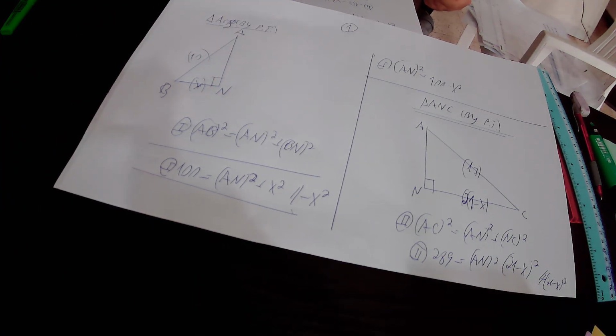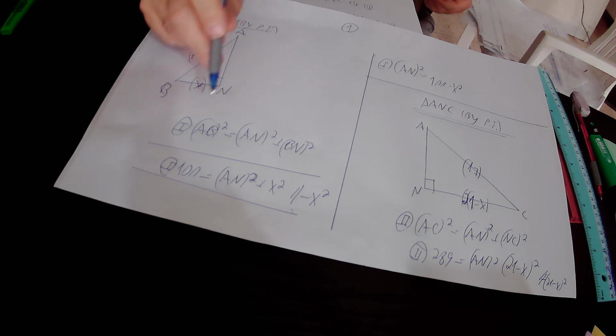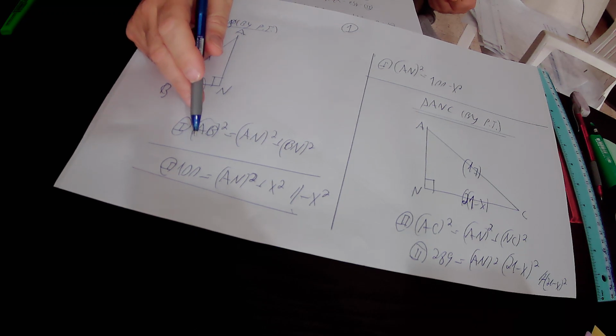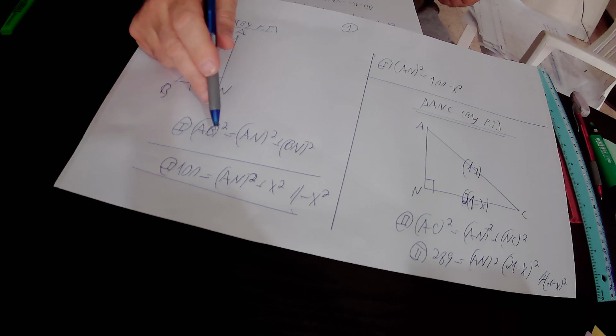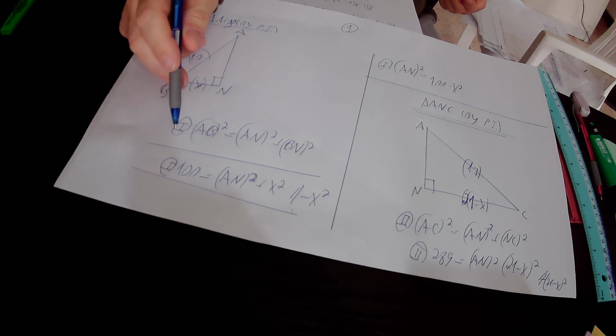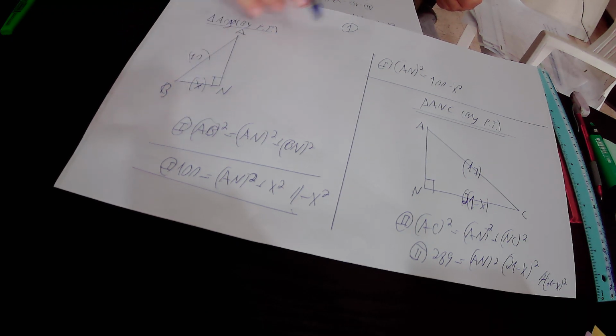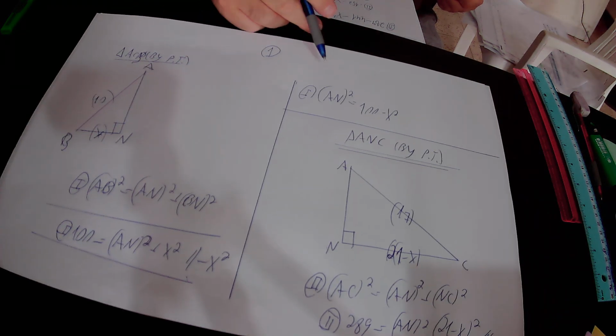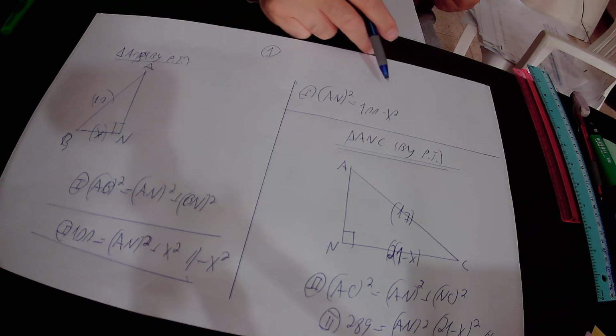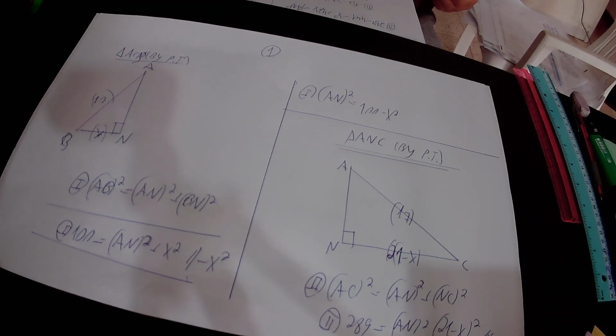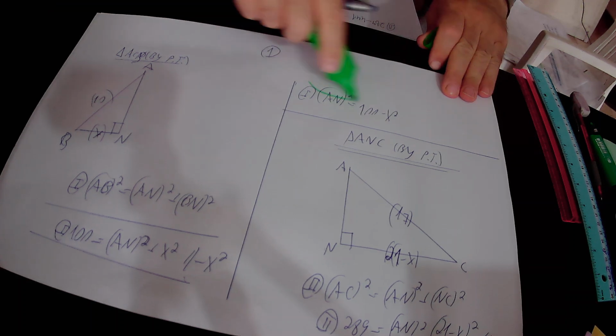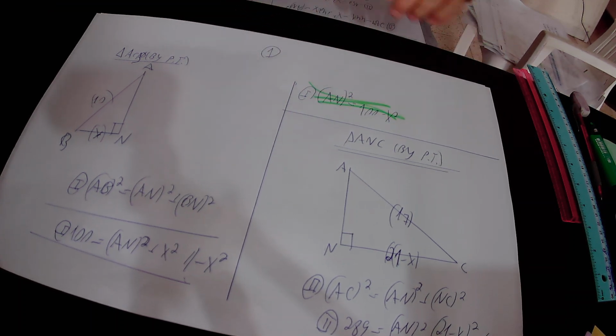AN is the missing side, so leave it as it is. BN is X, therefore BN squared is X squared. So according to equation 1, we found that 100 equals AN squared plus X squared. Here we subtracted X squared from equation 1, and finally found that AN squared equals 100 minus X squared.